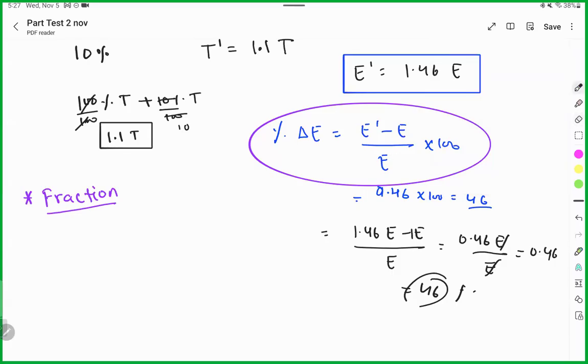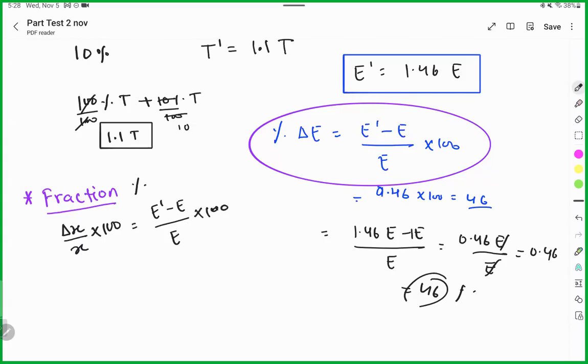That is why I was asking you, Chandana, if you have to calculate any fraction, how do you calculate? Change in the value by original value. And if you calculate fraction percentage, then multiply by 100, right? What is the change here? New emissivity minus old emissivity by old emissivity multiplied by 100.